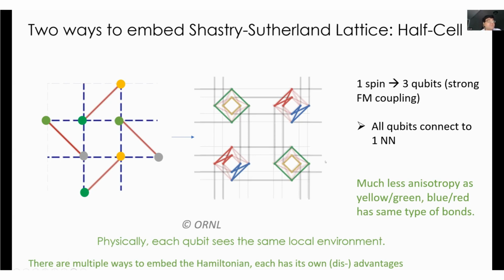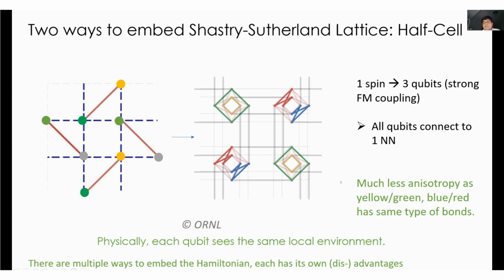So you can show that this type of embedding on the quantum annealer is topologically exactly equivalent to that of the Shastry-Sutherland model. This is a problem of graph embedding, and those who have interest in graph theory will find it quite interesting that you have a native graph and you can embed a different problem on it. And that's exactly what we have done here.